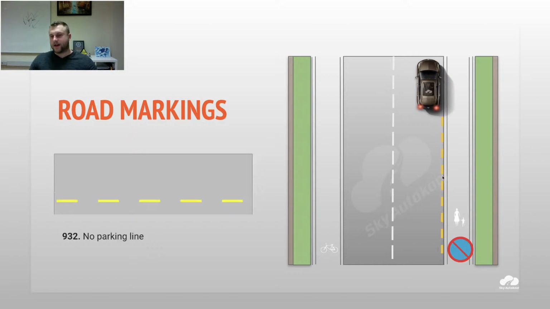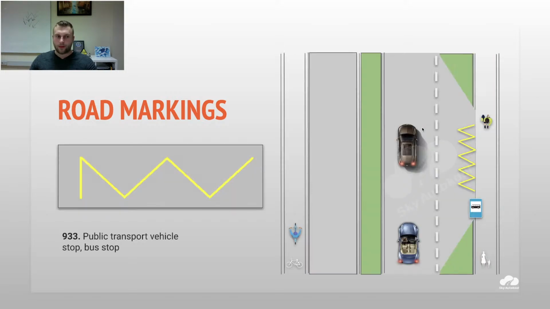If it's like this, then it's only no parking, but you can make a quick stop. A public transport vehicle stop or bus stop will also be marked with this zigzag yellow marking.